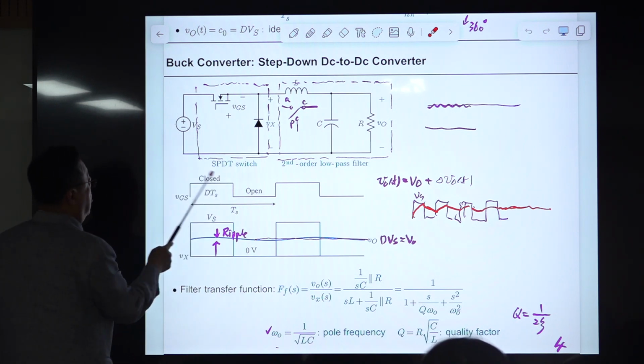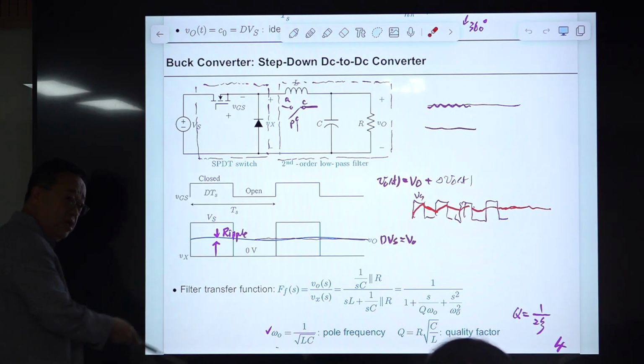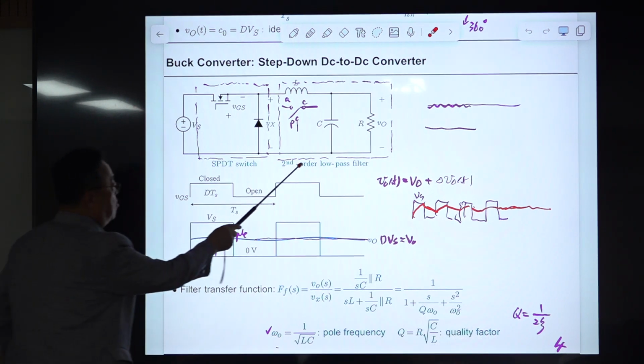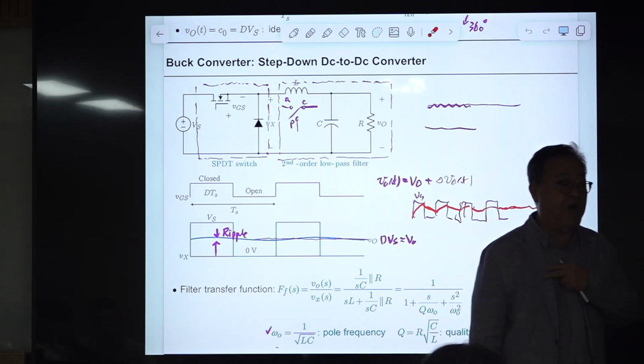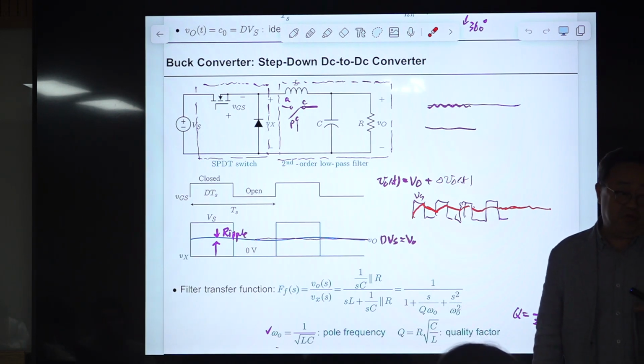This part functions as the SPDT switch, and this is a second order low pass filter, far less than ideal. Previously, in the ideal situation, we used an ideal low pass filter transformer, which does not exist.